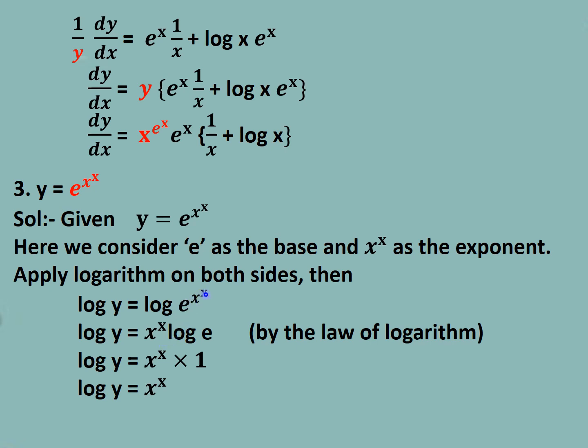So the exponent will come in front of the logarithm. That means log y is equal to x raised to x into log e. Now we know the value of log e, it is 1. So the given function will become log y is equal to x raised to x.